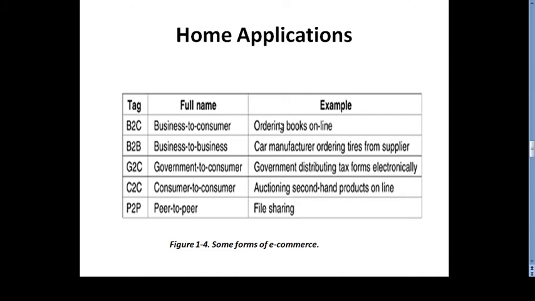For example, business to consumer, ordering books online. Business to business, a car manufacturer ordering tires from the suppliers. Government to consumer, the government distributing a tax form electronically, that is income tax. Then consumer to consumer, acquiring second hand products online like OLX or anything. Then peer to peer, that is file sharing. These are under e-commerce.